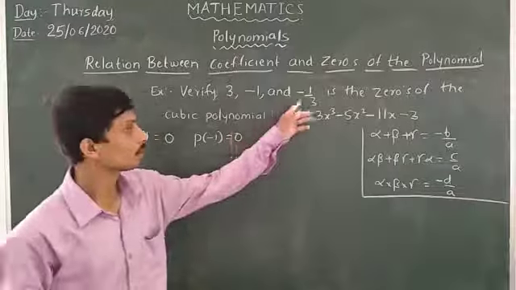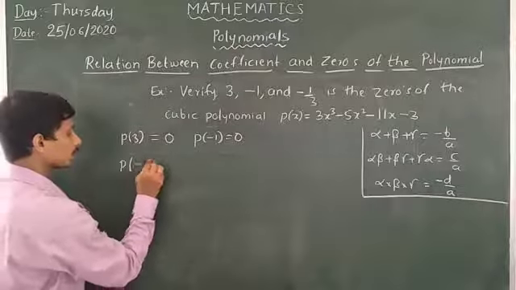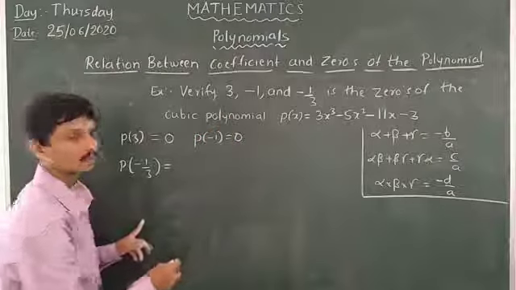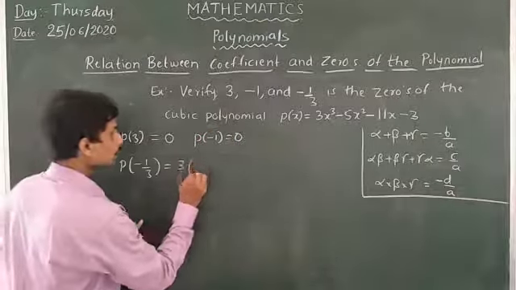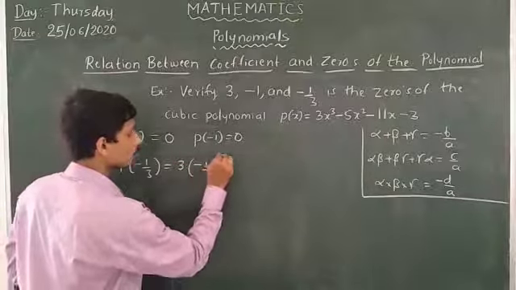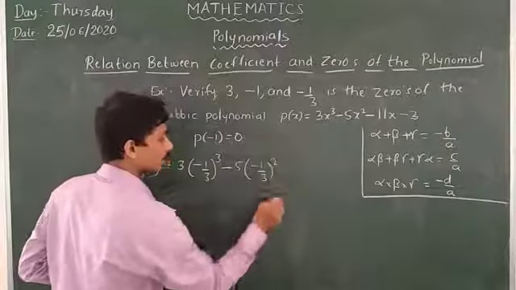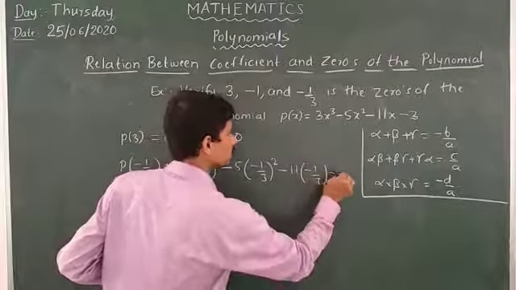Again we check for minus 1 by 3. P of minus 1 by 3 is equal to what we get? Just insert the value x is equal to minus 1 by 3. So 3 into minus 1 by 3 whole cube minus 5 into minus 1 by 3 whole square minus 11 into minus 1 by 3 minus 3.